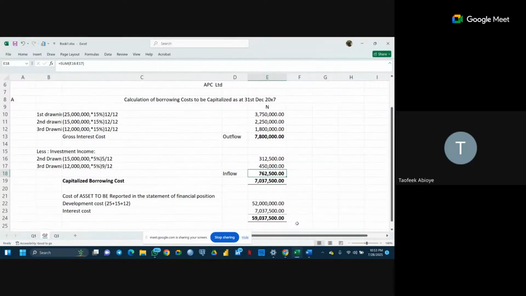Because they have borrowed 55 million, they cannot come and say, okay, because you have borrowed 55 million, we are going to capitalize the whole interest on the 55 million. No, only the 52 million that is spent on the qualifying capital expenditure is what they will capitalize, is what they will add to the value of the assets. Okay, sir. All right. Thank you.